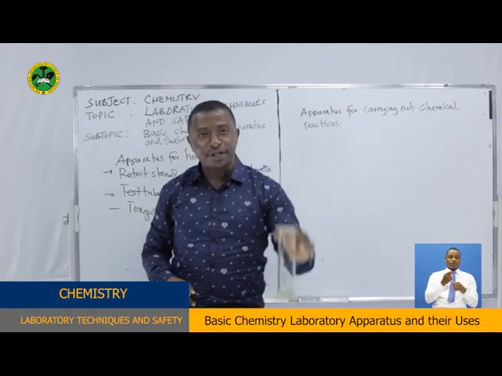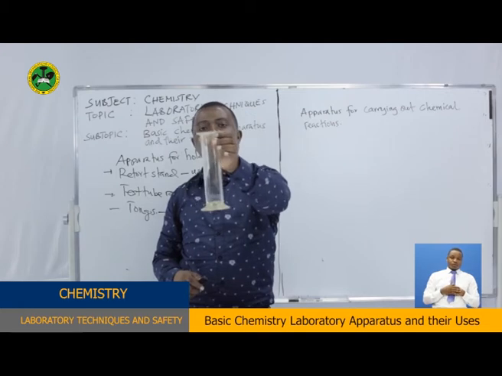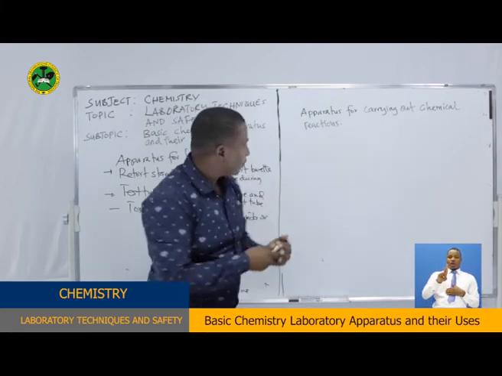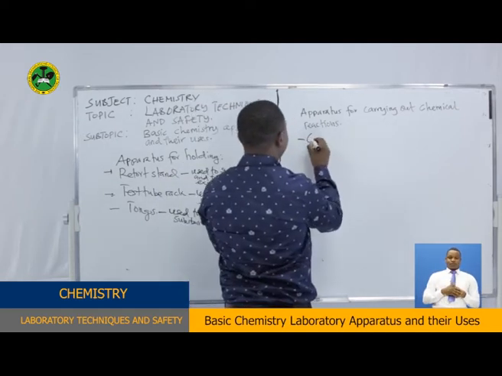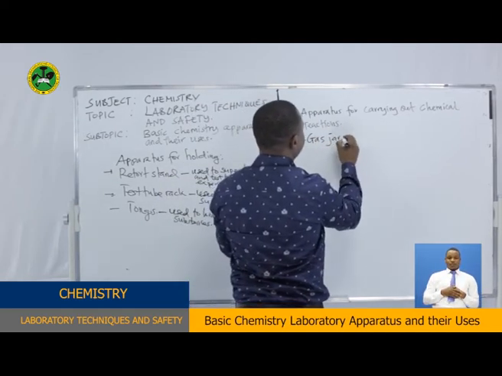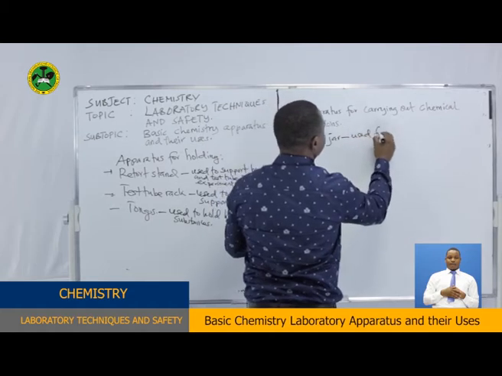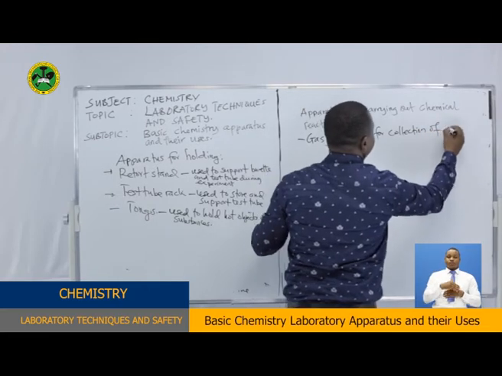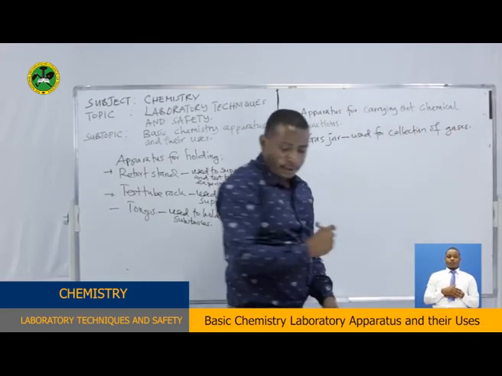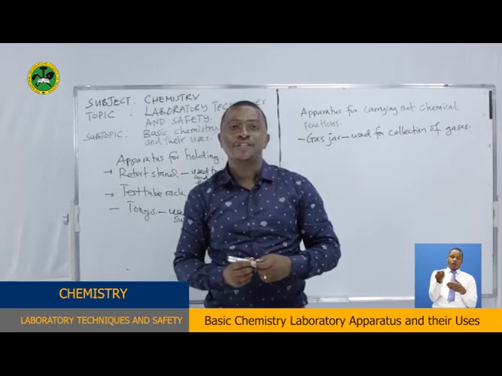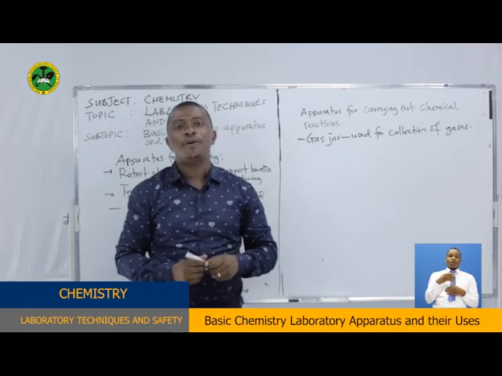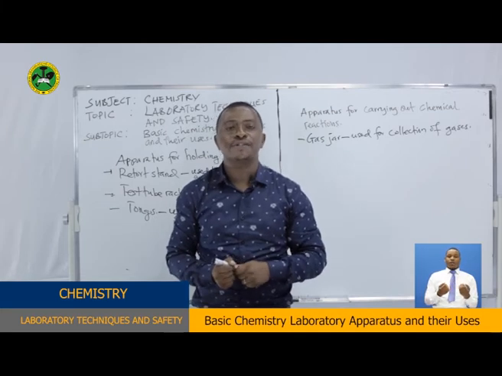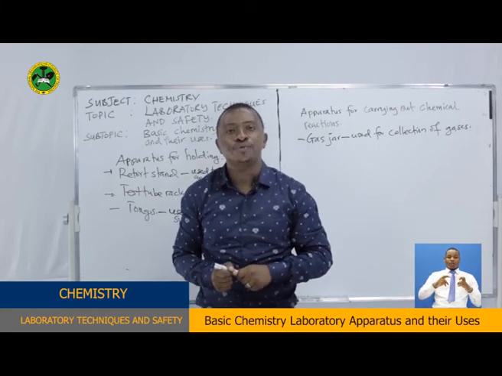We have this one here. You can see it. This one is called a gas jar. Gas jar. A gas jar is used for collection of gases, and also for carrying out some chemical reactions that involve formation of gases, such as formation of oxygen.